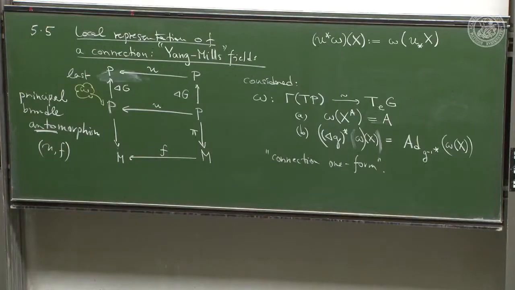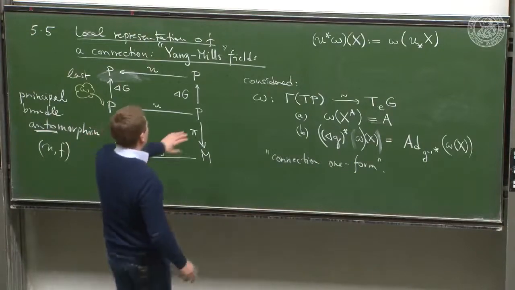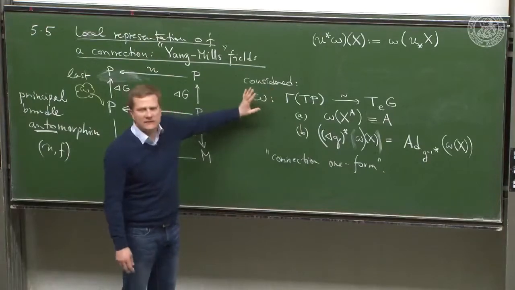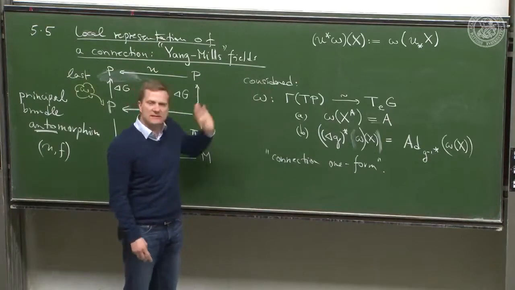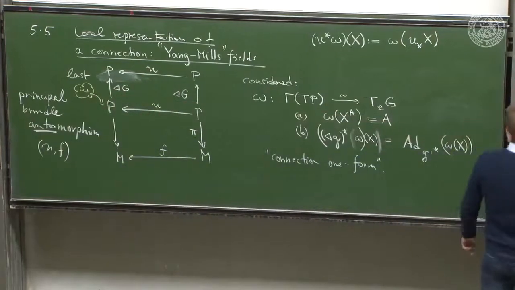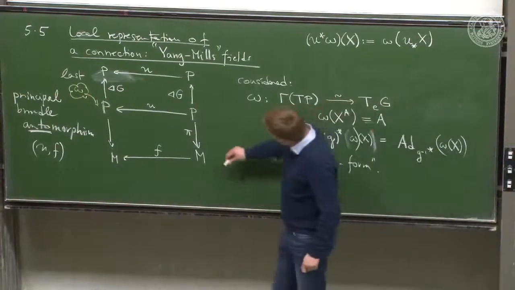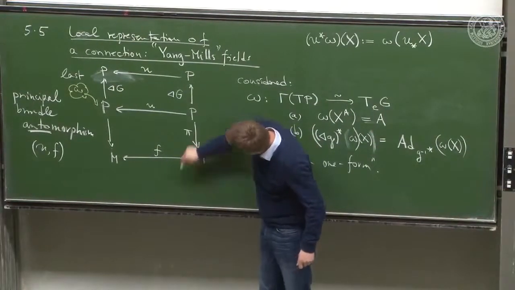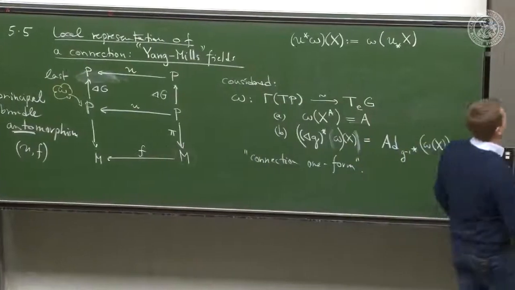Okay, so now what we're interested in is we have this bundle and we have this one form globally defined. That's not a problem, and that's the connection. However, in practice, we often want to restrict to some part of the bundle over some subset of this base manifold.